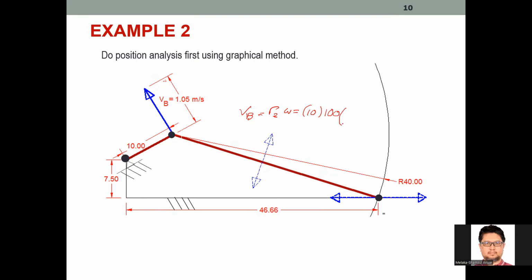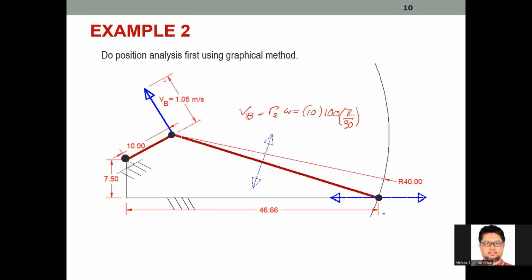So you have to change RPM using the conversion factor pi over 30.